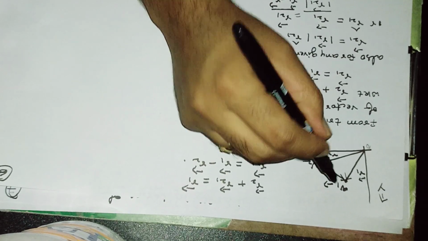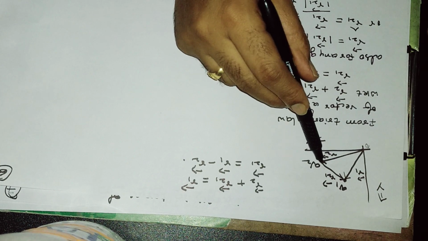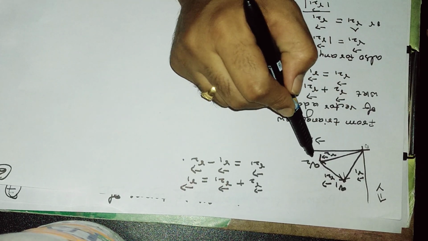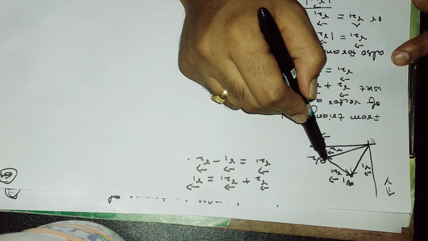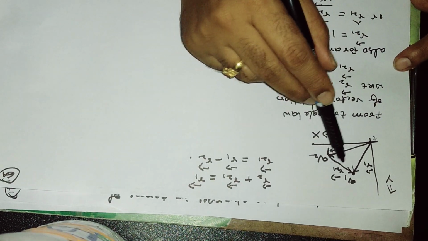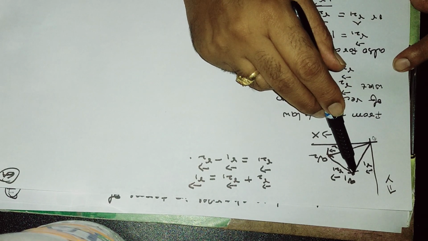Now you can observe vector r2 and vector r21 are in the same order. You can observe the tail of vector r21 is at the head of vector r2. So it is said that vector r2 and vector r21 are in the same order, whereas vector r1 is in the reverse order.